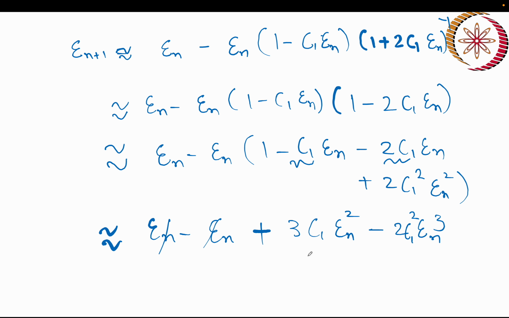So the epsilon n terms get cancelled, and we have 3c1 epsilon n square and some higher order terms.